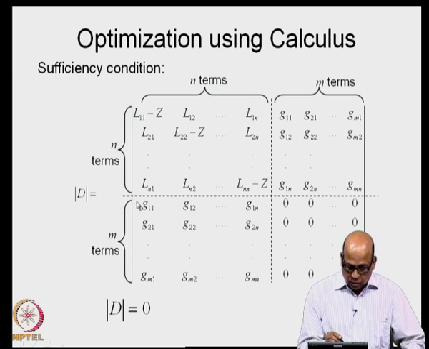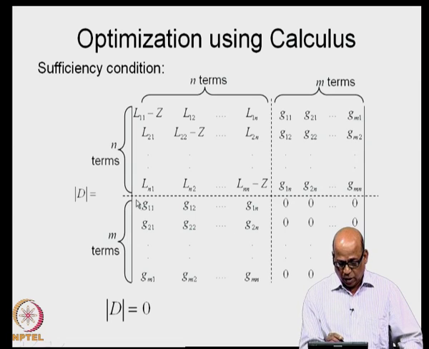Then we come to the lower left part of the determinant. We take the transpose of this part and put the transpose here. So, G_11, G_12 etcetera G_1n we arrange horizontally, G_21, G_22 etcetera G_2n we arrange horizontally and G_m1, G_m2 etcetera you arrange horizontally.